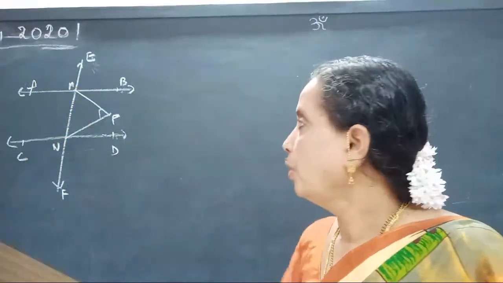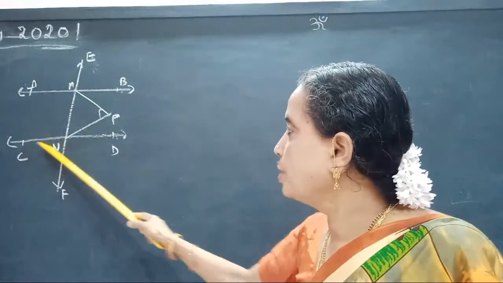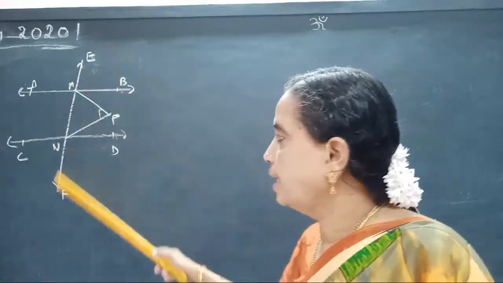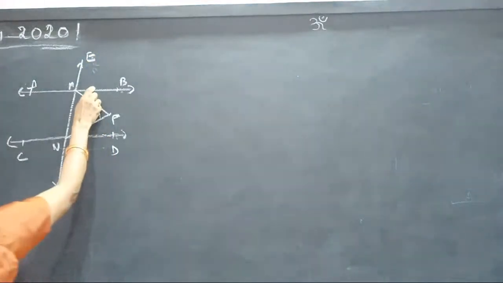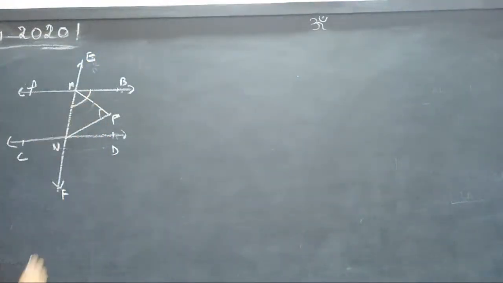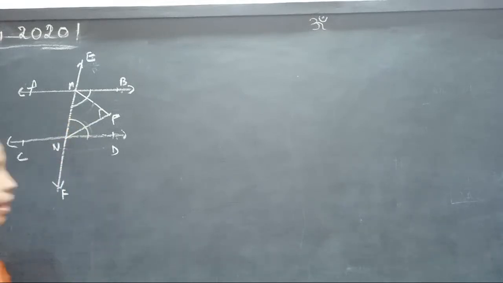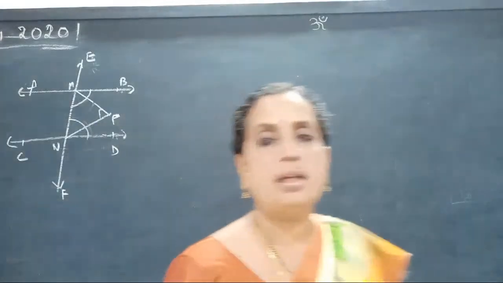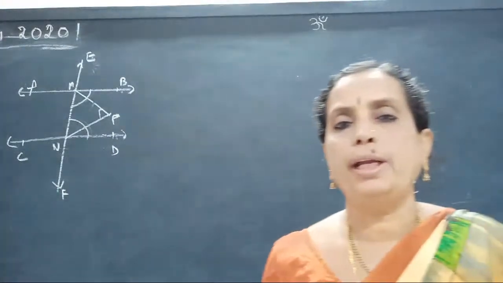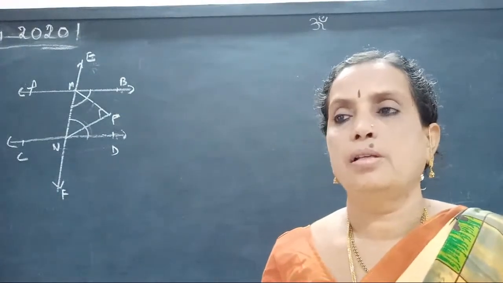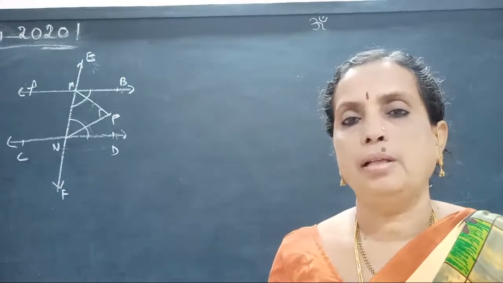Proof. AB parallel to CD. EF is a transversal. Therefore, angle BMN and angle MND equals 180 degrees. Reason: sum of the co-interior angles is supplementary. Next line.